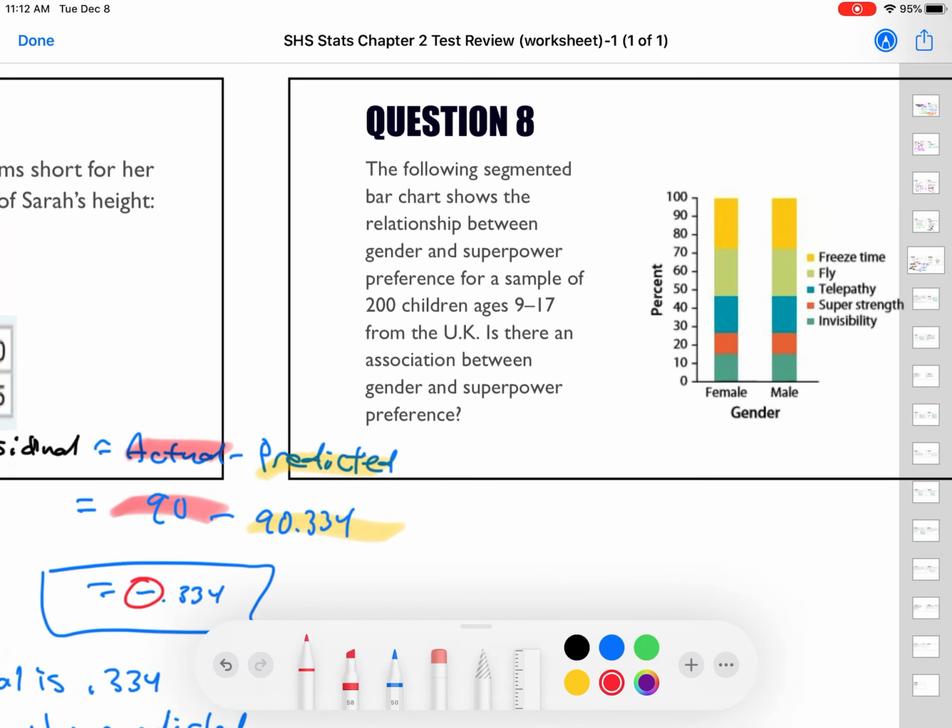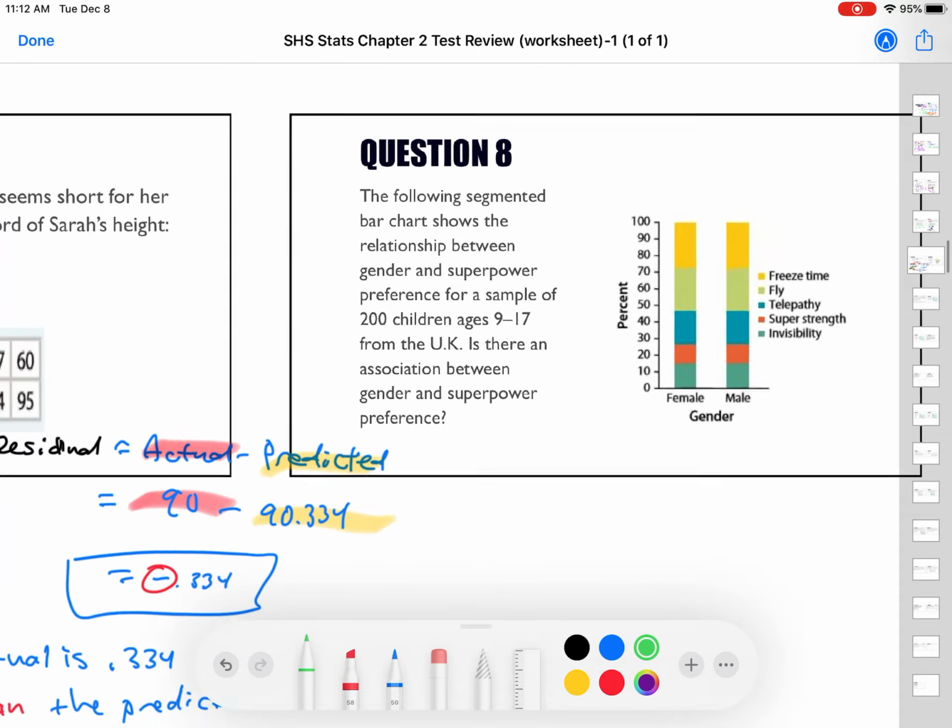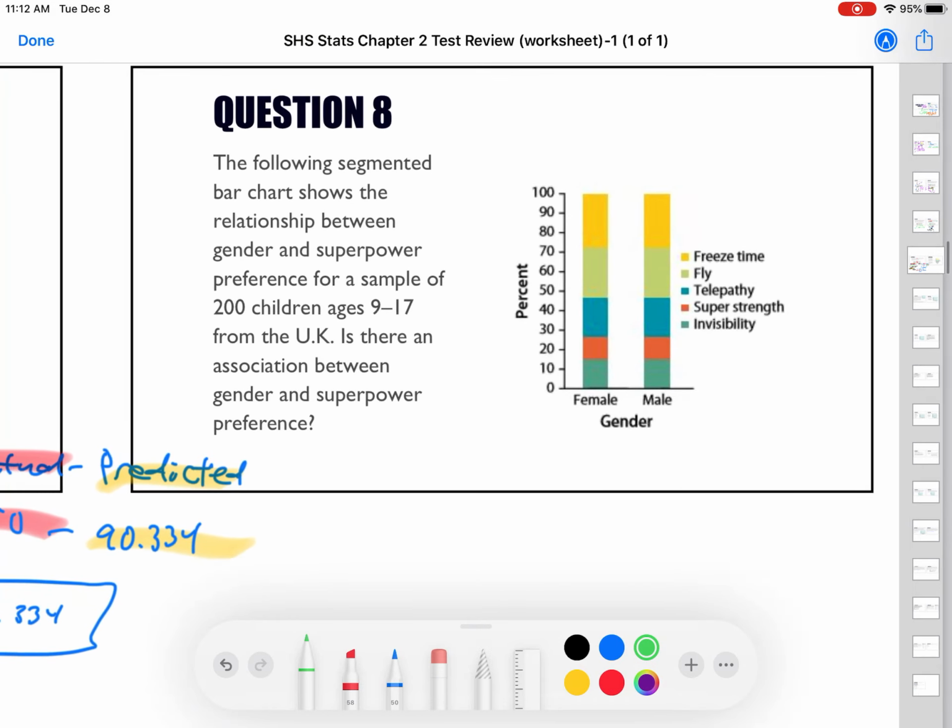Okay, question number 8. Looks like the same question, but the bar chart has now changed. Is there an association? Well, if you just look at the size of, matching up the colors, yellow to yellow, fly to fly, telepathy to telepathy, they're the same.